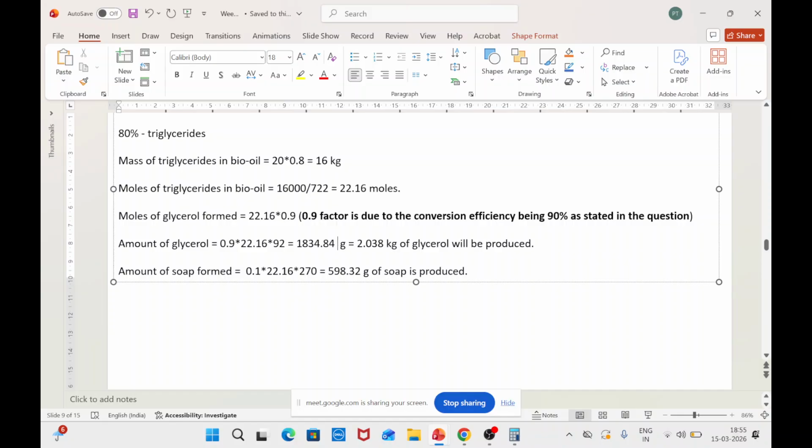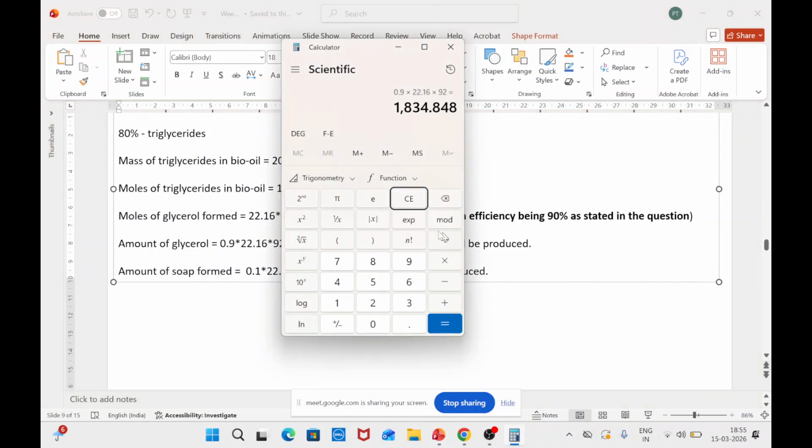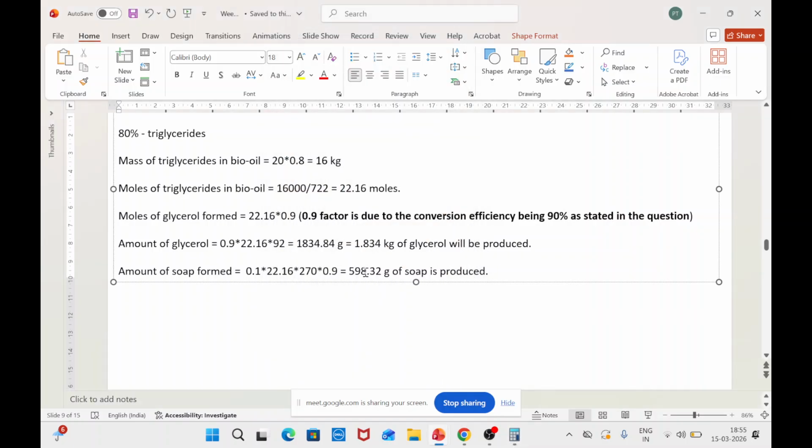84, that is 1.834 kg. Similarly, even for the soap you need to multiply a factor of 0.9. So that is going to be 598.32 times 0.9, which is 538.488.